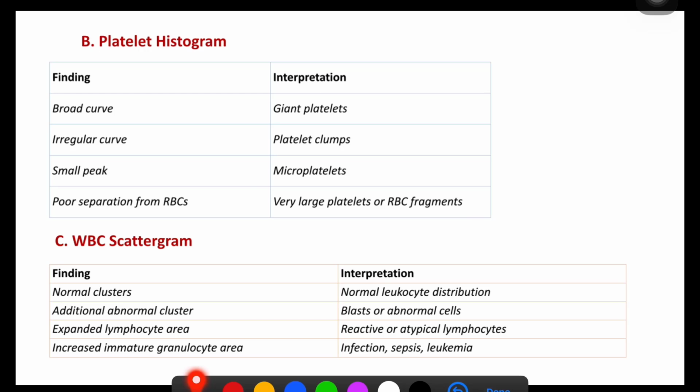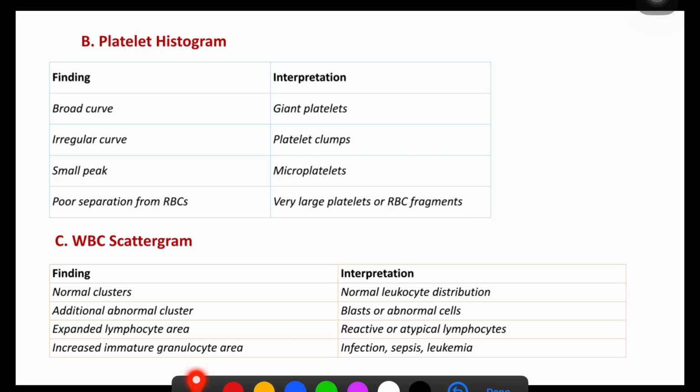And WBC scattergram, where normal clusters mean normal leukocyte distribution, additional abnormal cluster like blast or abnormal cells, any atypical lymphocytes or reactive cells where expanded lymphocytic area may be seen, and whenever infection, sepsis or leukemia, there is increased immature granulocytic area. This histogram and scattergram is a vast topic, and we will discuss in detail all the interpretation of histogram and scattergram in next lectures.